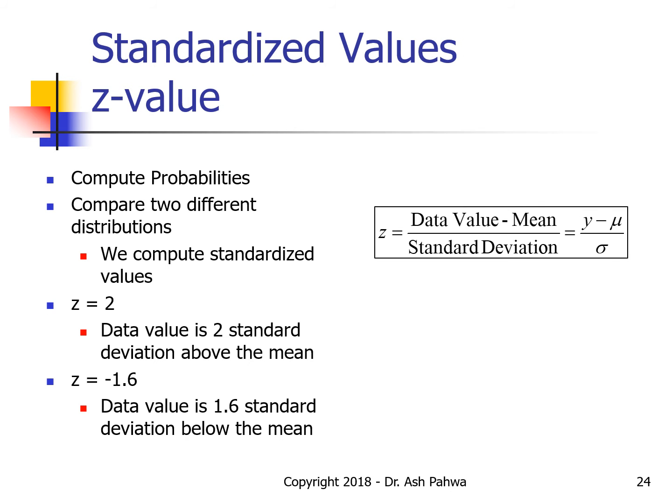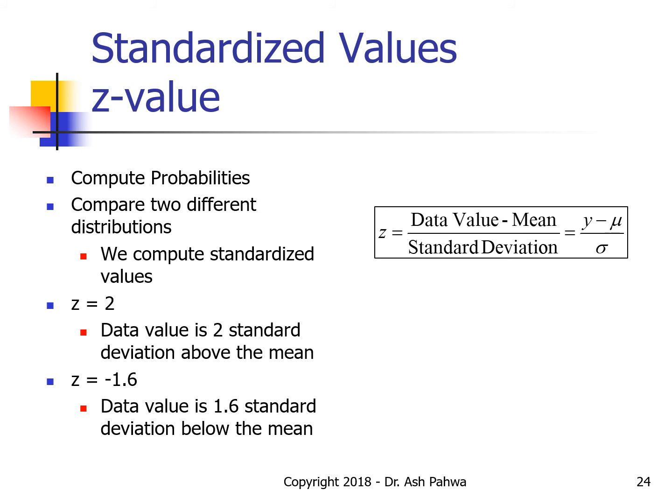Z-values are also called standardized values because assuming our data is normally distributed, a Z-value indicates that it's going to fall into that empirical rule or that bell-shaped curve that we just saw. So the purpose of computing the Z-value is that we can compute the probabilities of certain events.